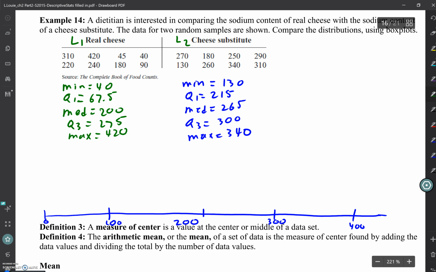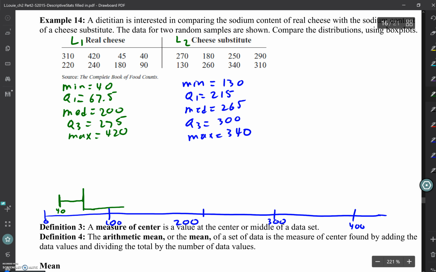All right, and I'll make the first box plot for the real cheese first. So we want to start at 40 with our minimum. And then we're going to go to 67.5. And then we have a median of 200.